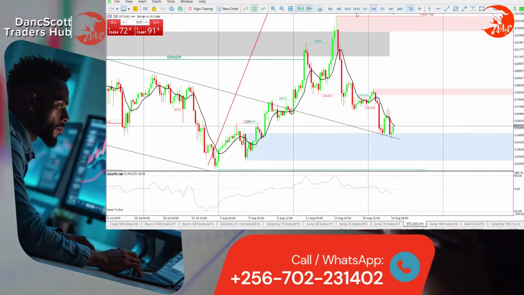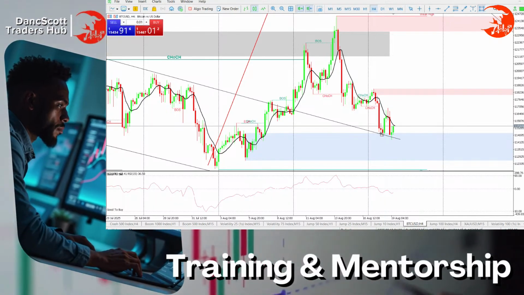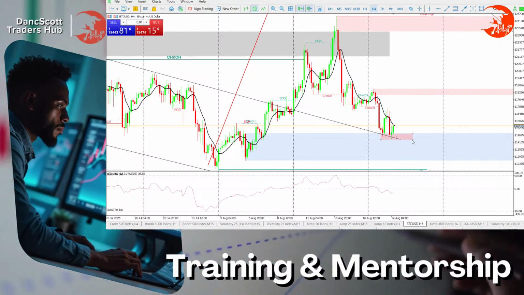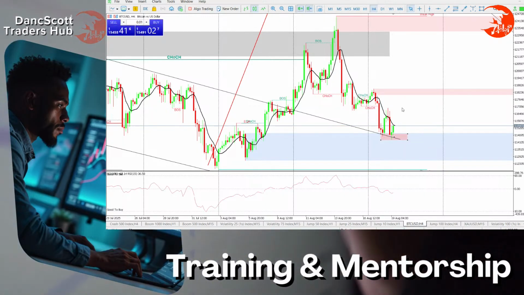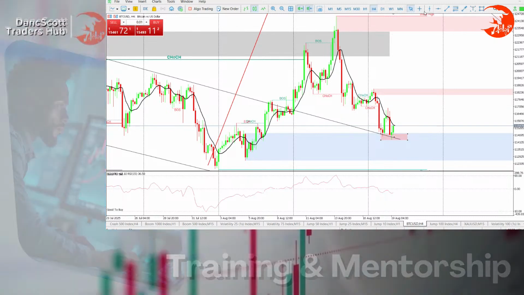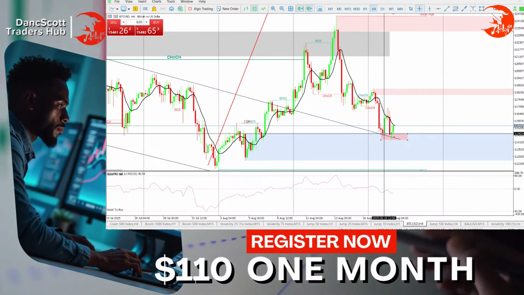So let's go to H4. H4 is sort of giving you a double bottom down below here. Yes, it's not on the same height, but you can see we don't have a break of structure right there. This is our current lower low.